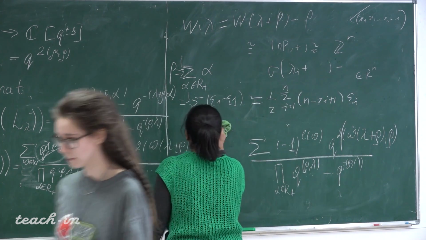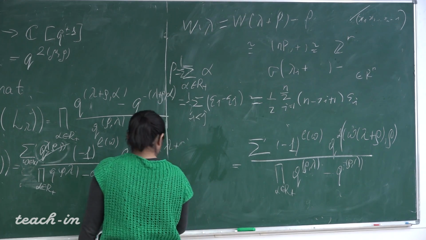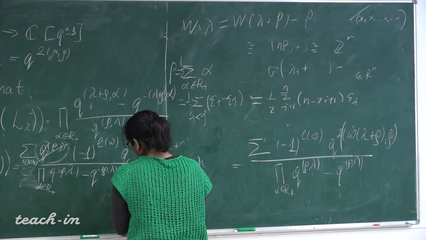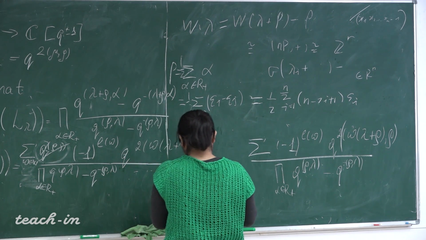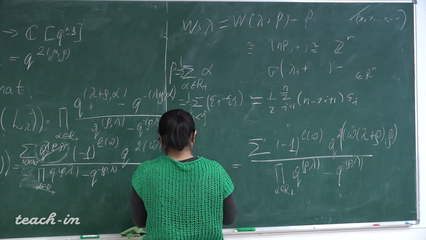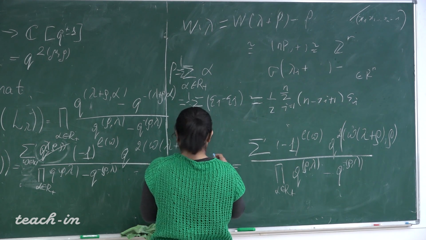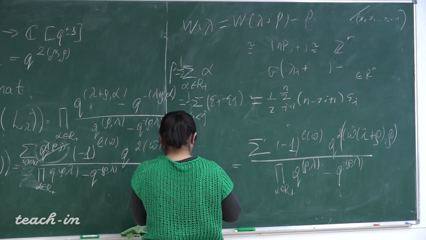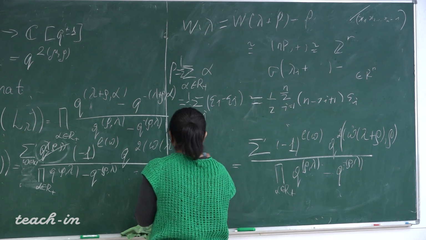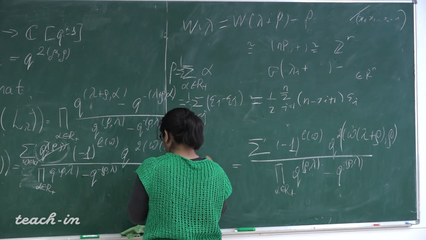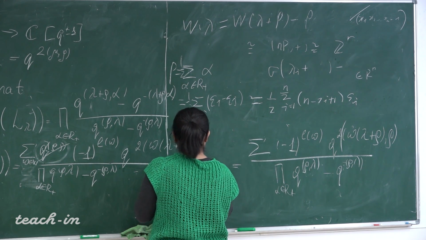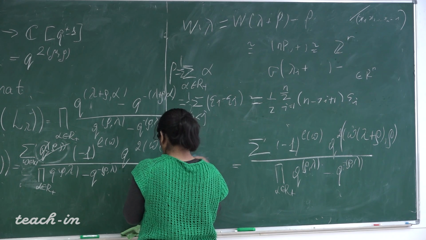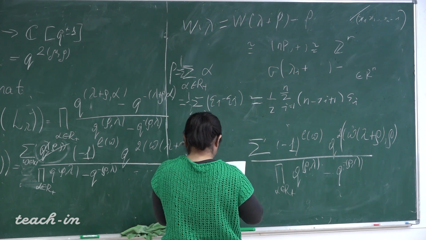So this is right now equal to the character. Wait, let me see the formula. Dimension. Wait, what are we doing here right now?